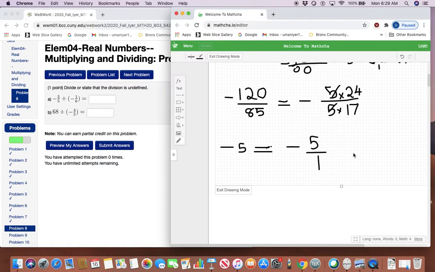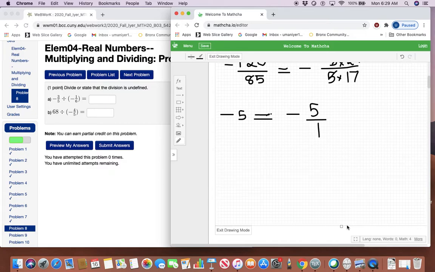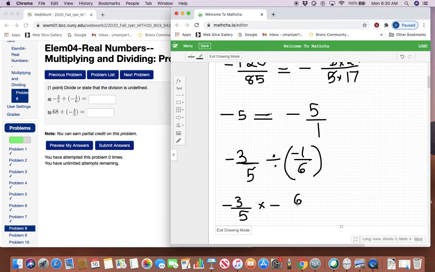Alright, now we come to division. Division by a fraction is multiplication by the reciprocal. So negative 3/5 divided by negative 1 over 6. Right? So what do we do? It is negative 3/5 times negative 6 over 1, the reciprocal of this.